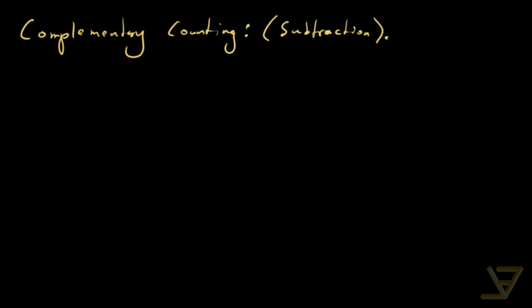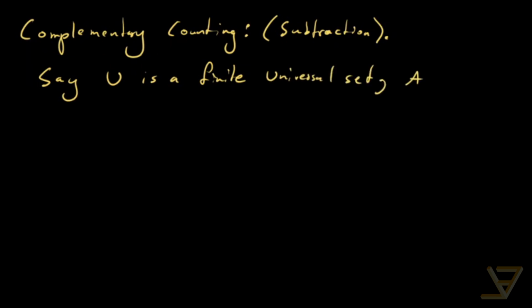What we have is that, say, U is a finite universal set, and A is a subset of U, which means A is also finite.